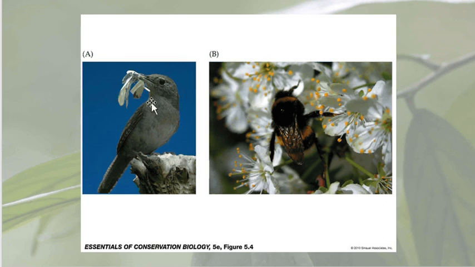So the bird is providing a service to the farmer by controlling pests. And this actually is quite important when you look at crops and the amount of pesticides which need to be used when these predators are not available.